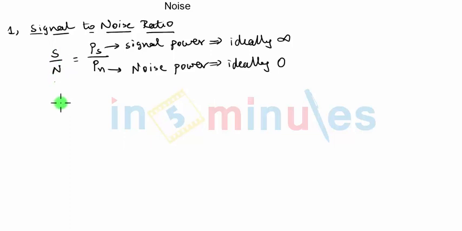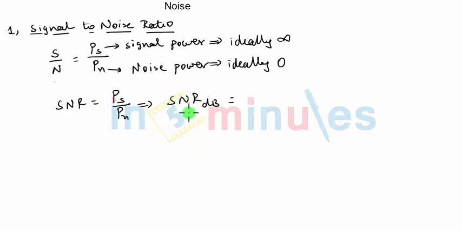In many applications, SNR, which can simply be written as Ps by Pn, is measured in dB. That is simply because signal power could be very large compared to noise power in many cases. So Ps by Pn can turn out to be a large ratio, especially when we want to plot or study SNR over a large frequency range.